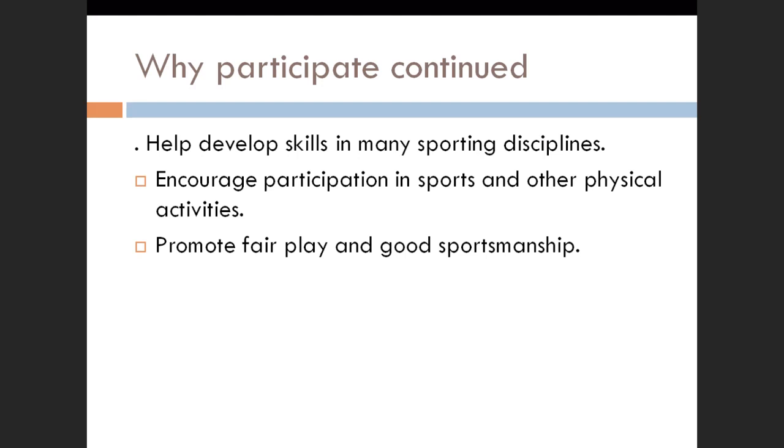So, physical education, you will learn and develop skills in a variety of sports. And as time goes on, you may become good enough in one of them to play at a competitive level. It encourages participation in sports and many other physical activities. Many students, many persons are used to living a sedentary life. What do we mean by a sedentary life? A life where we sit a lot, we are lazy, we move very little.